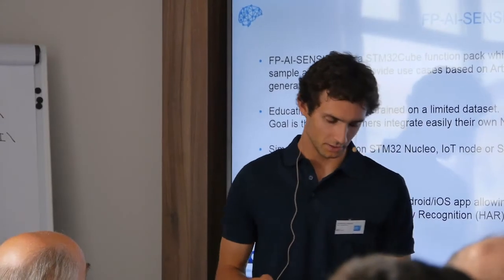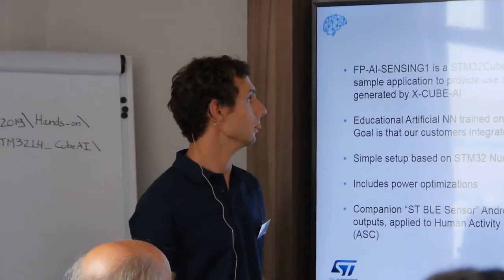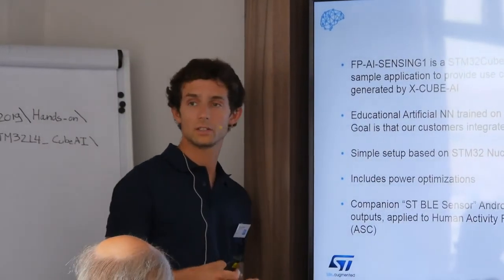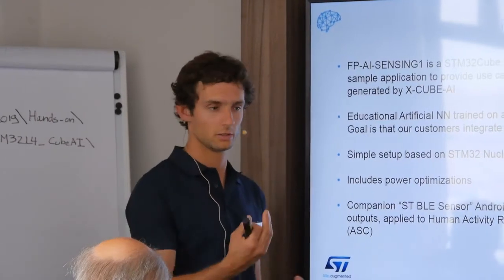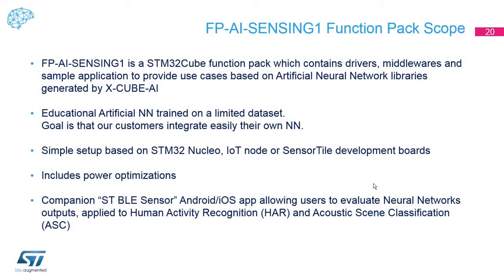Other features implemented in this function pack are the BLE connectivity, which is just to configure your hardware to send the output communication to the screen and view the results of the neural network. We have a low power implementation using FreeRTOS and the STM32 advanced stop modes. We have a feature for firmware update and neural network updates.